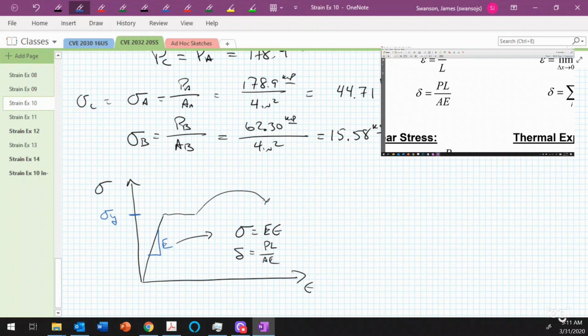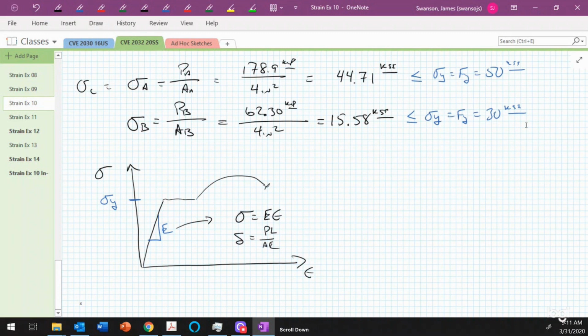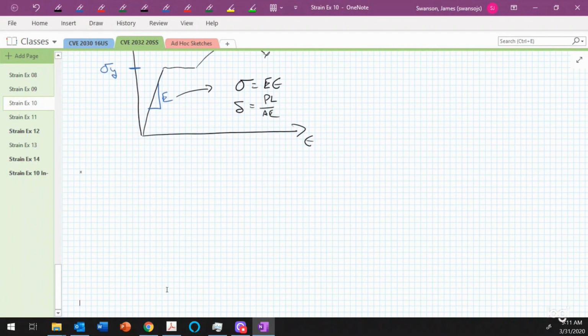So we can say that neither of the two materials, or none of the three bars, has yielded. So therefore, the solution is valid.